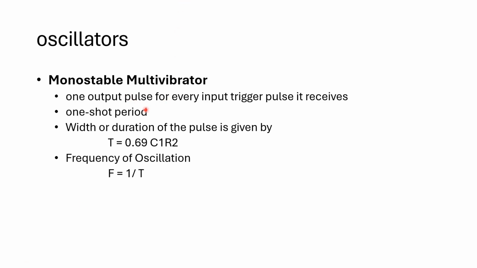So a monostable multivibrator has one output pulse for every input trigger pulse it receives. The width or duration of the pulse is given by 0.69 R1 C1 multiplied by R2, and the frequency of oscillation is equivalent to 1 over T.